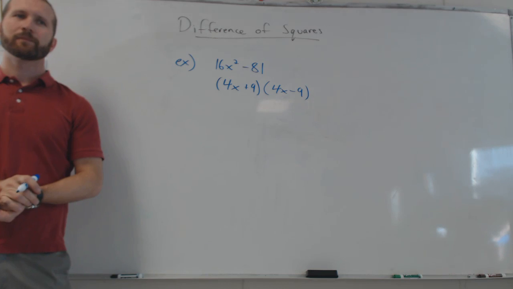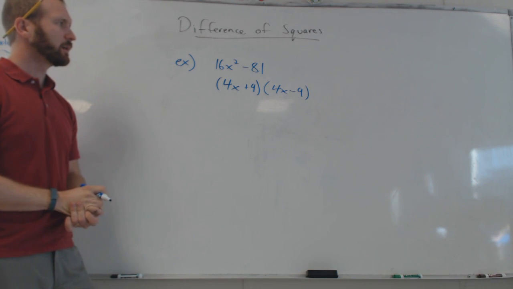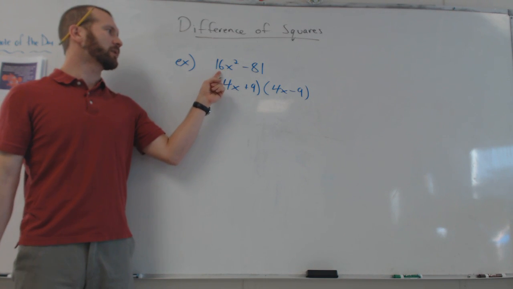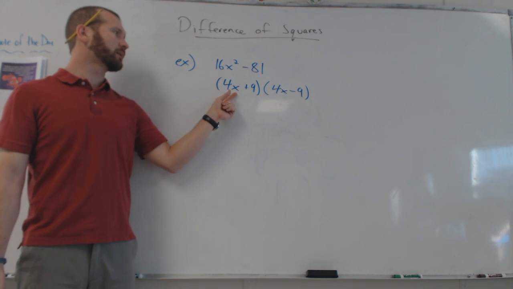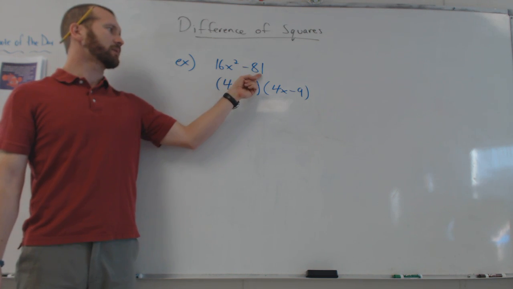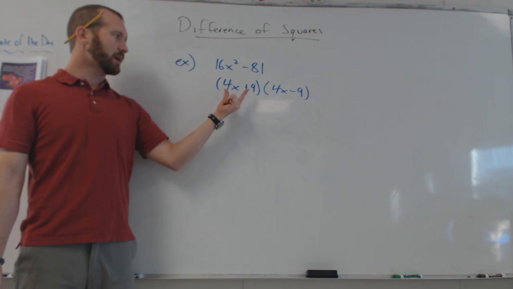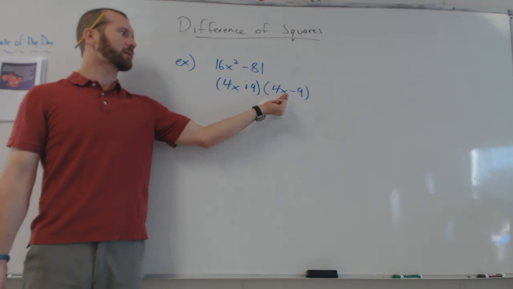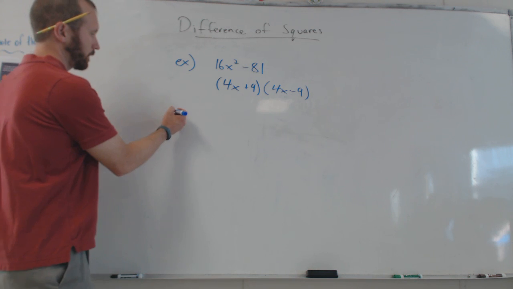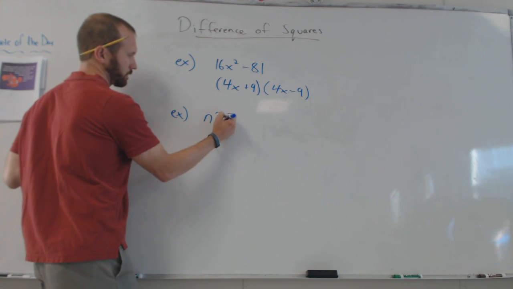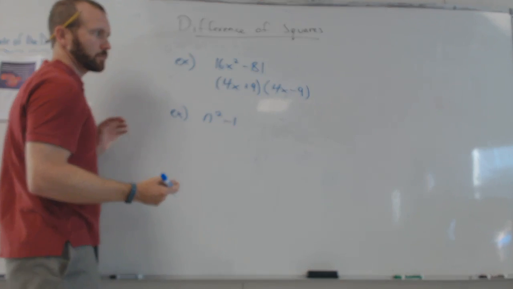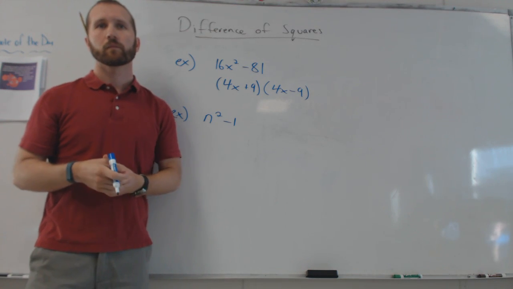That's it. Pretty quick, right? We just take the square root of this, so the square root of 16 is 4, the square root of x squared is x. The square root of 81 is 9, and we just say 4x plus 9, 4x minus 9. So for it to work, it would have to be either a negative x squared and a positive of the other number, or a positive x squared and a negative.